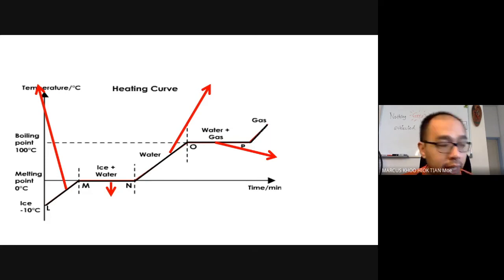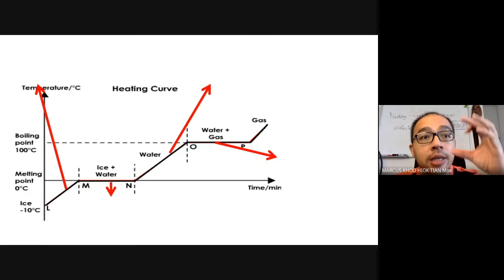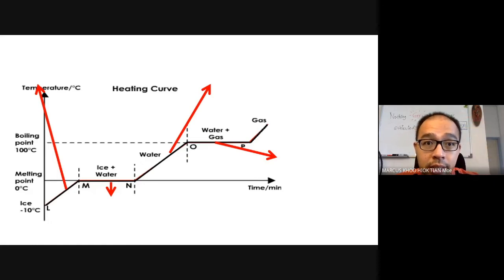is the kinetic energy. Now, what did we say about the kinetic energy? If the temperature is increasing, the kinetic energy is increasing. If there is no change in temperature, that means the kinetic energy is constant.